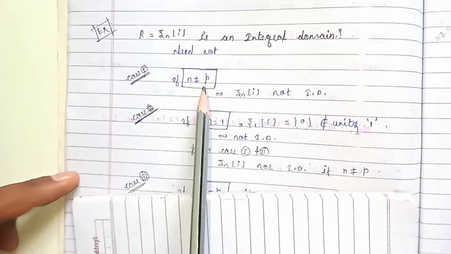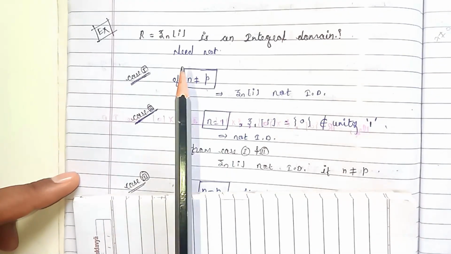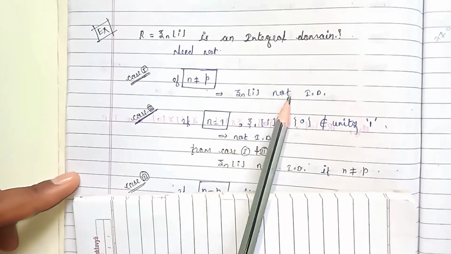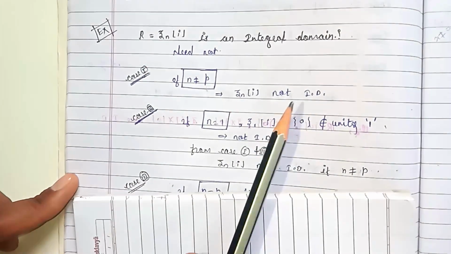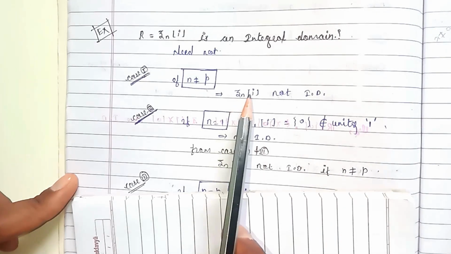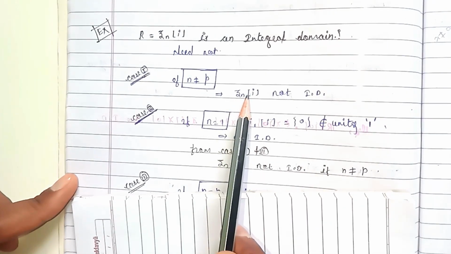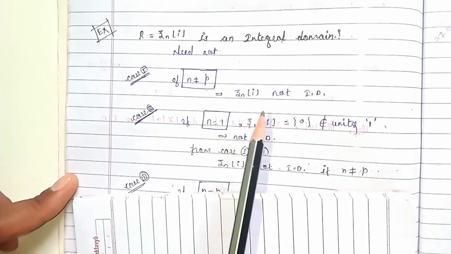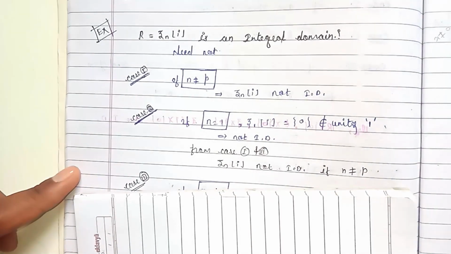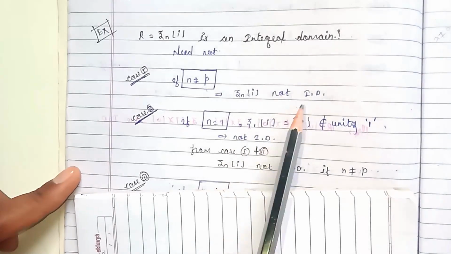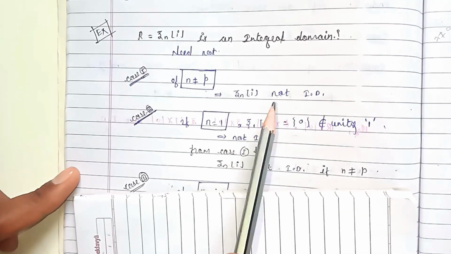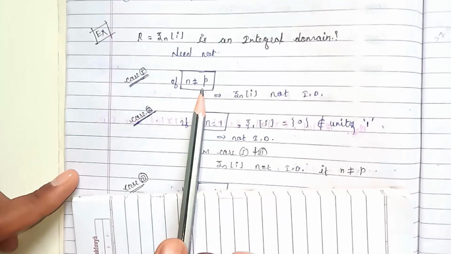As we already learned, if n is not prime, then Zn[i] is not an integral domain. For your understanding, you may take Z8[i] as a counterexample and figure out whether it is an integral domain or not. So Zn[i] is not an integral domain when n is not prime.